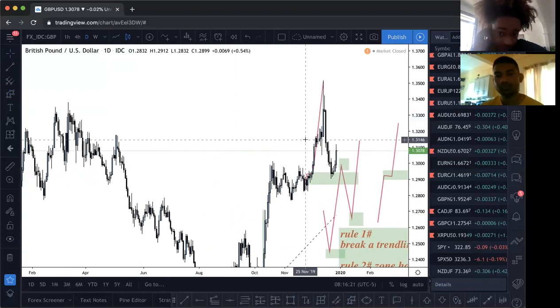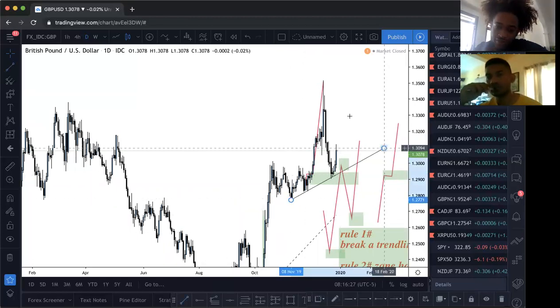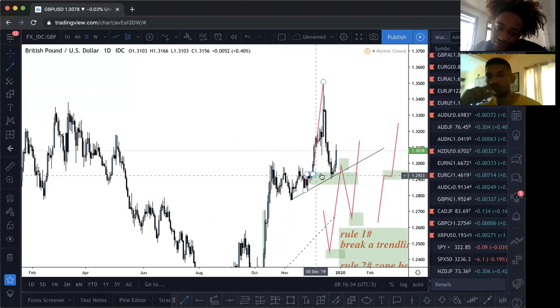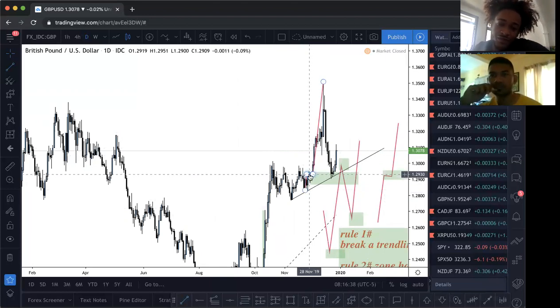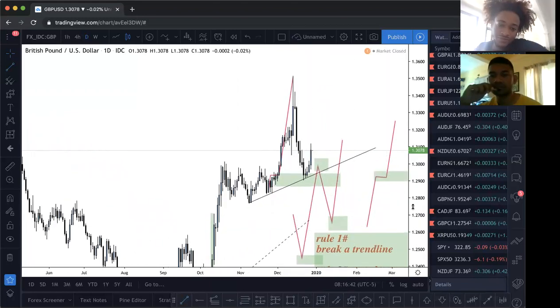So based on your knowledge, you can draw your zone. And then you ask yourself, what has it accomplished? And you remember you write on these rules.